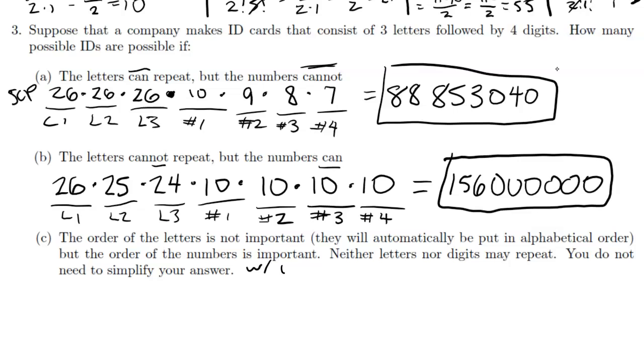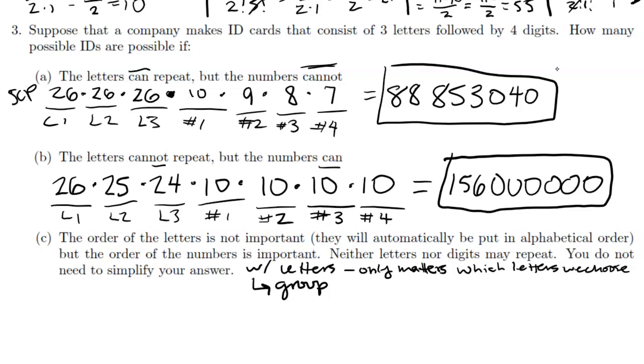So with letters, it only matters which letters we choose. Which is a little bit of a funny way to phrase it, but really at that point, if all that matters is which letters we choose, then that would be a group of letters.